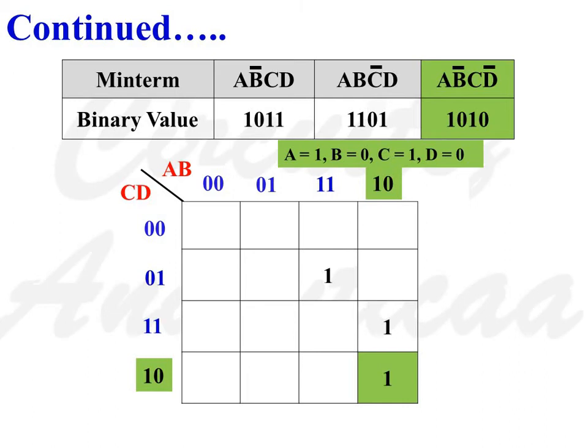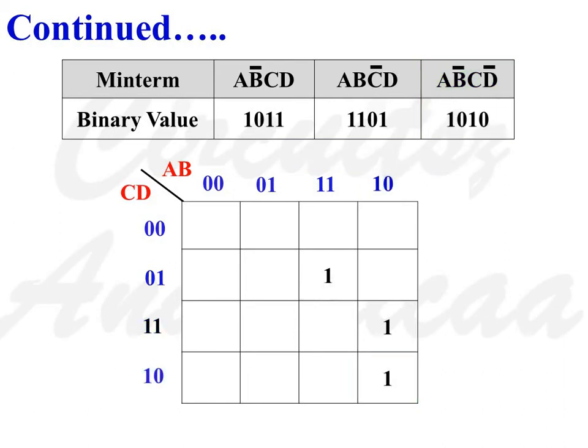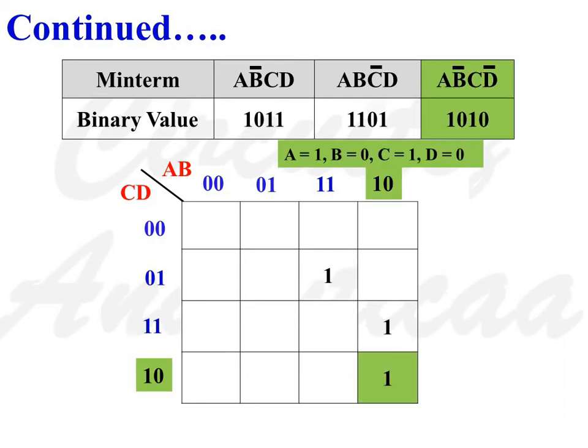So here A is equal to 1, B is equal to 0, C is equal to 1 and D is equal to 0. Locate the cell whose binary value is 1 0 1 0. Fill logic 1 in that cell.